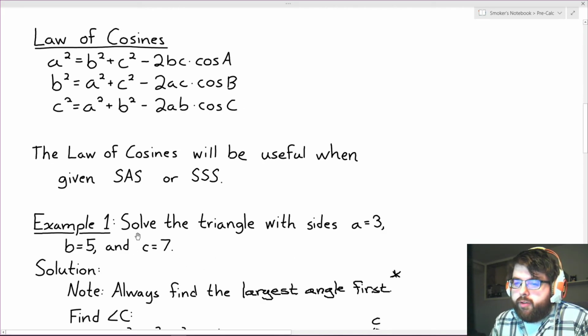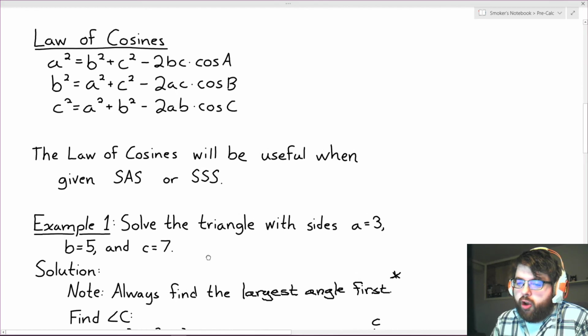When using law of cosines, I should find angle C first, because C will be the largest angle, given that it's across from the largest side. Longest side matches up with largest angle. Smallest side, smallest angle.